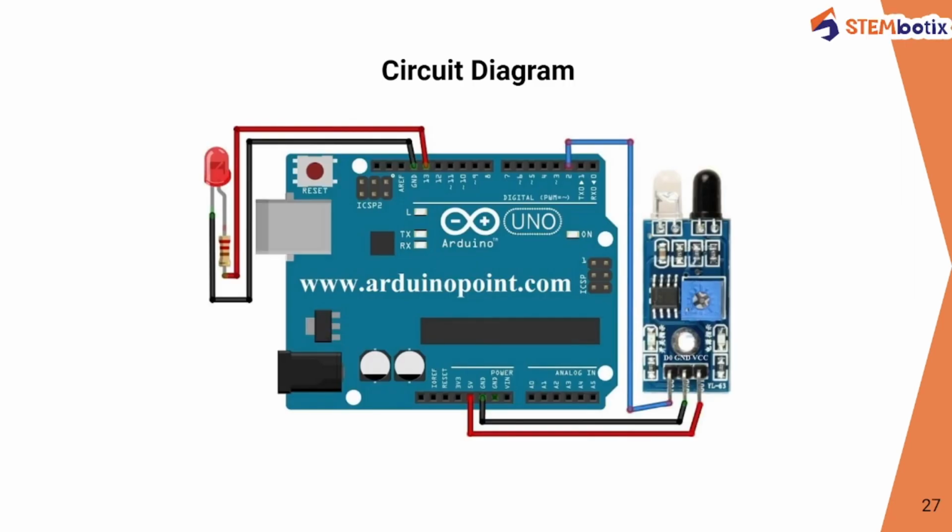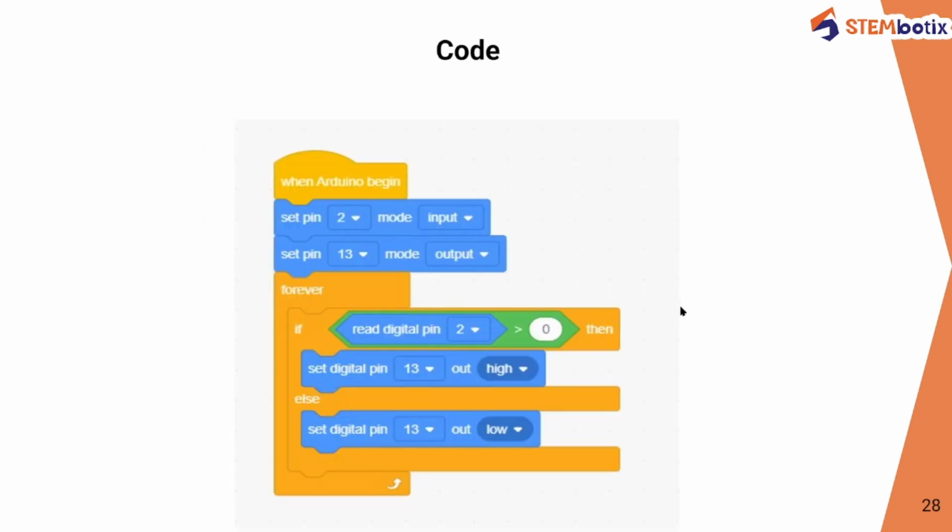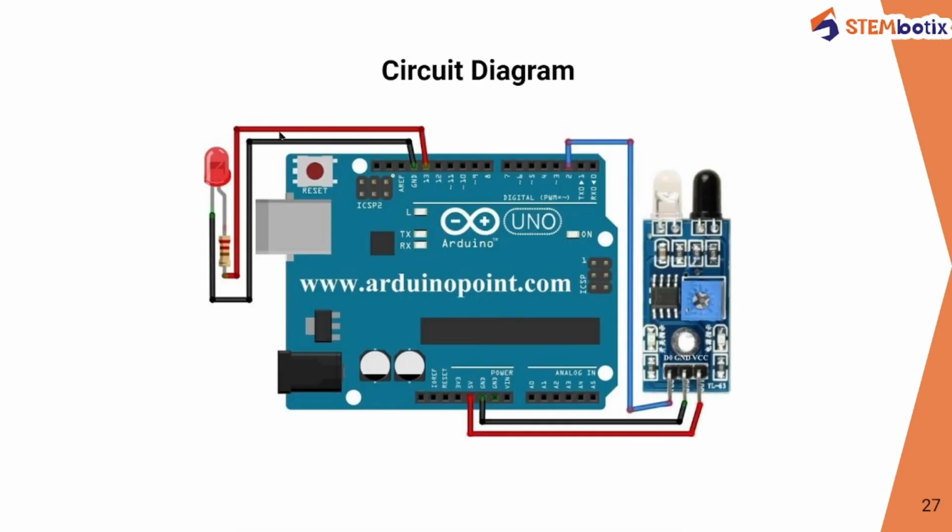This is the circuit diagram, and here we have connected the IR sensor and LED. This is the LED, this is the IR sensor, and this is the Arduino Uno board. The digital output pin of the IR sensor is connected to digital pin number 2 of the Arduino Uno board.